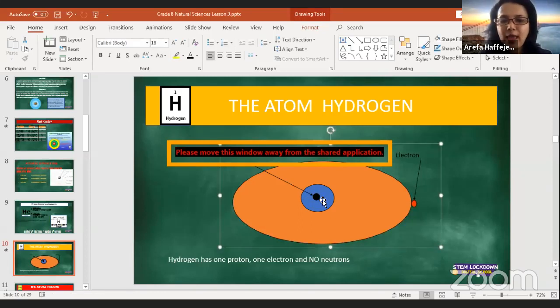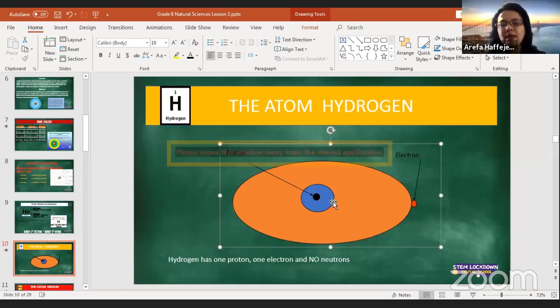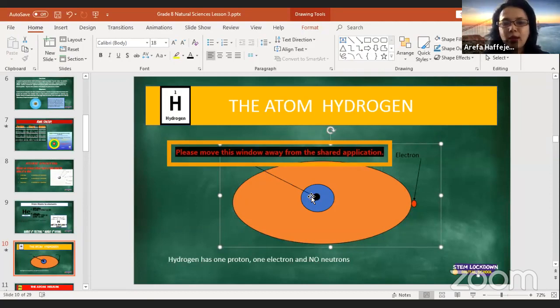So it does not have a neutron, mostly because it is not repelling against any other proton, so it doesn't need a neutron to prevent it from repelling against other protons. So if it has one proton, then the electron is 1. So you can see here on the side we have the electron, meaning it has one electron.